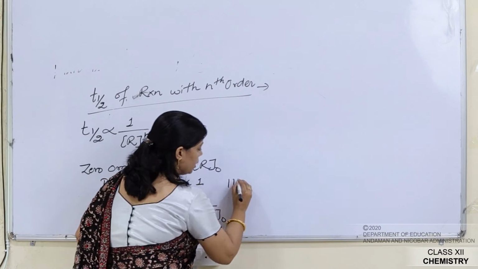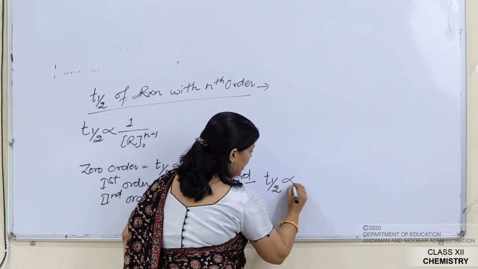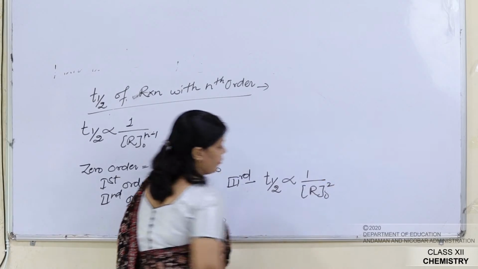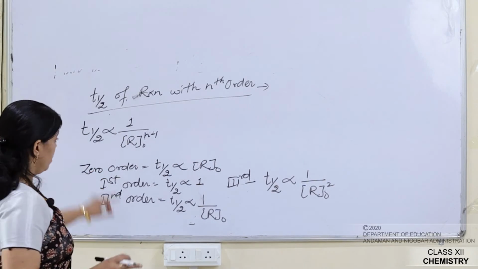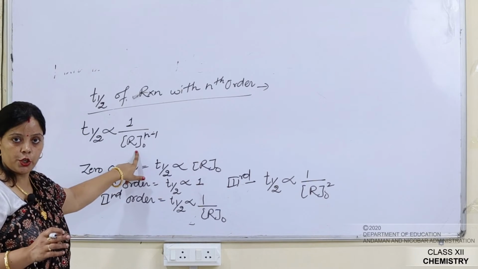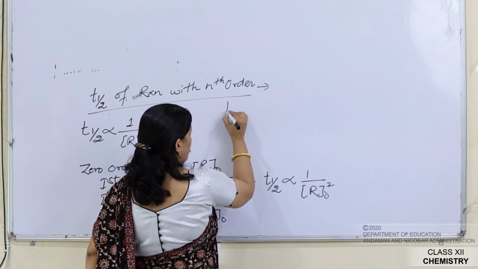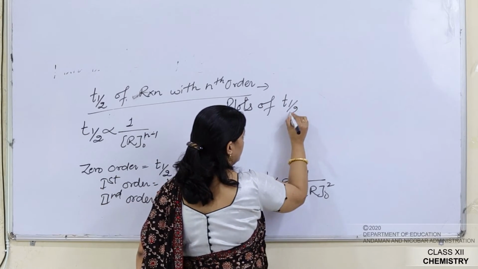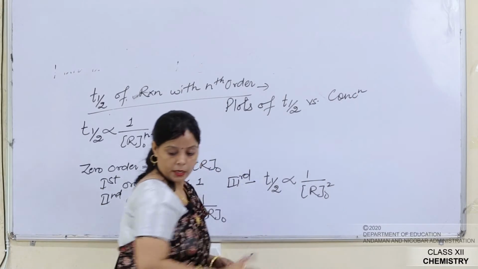And for the third order reaction, the T half is directly proportional to 1 by initial concentration of the reactant raised to power 2. So by using this expression, we can derive a relation between the T half and the initial concentration of the reactant for a reaction with nth order. So the plots of T half versus concentration.